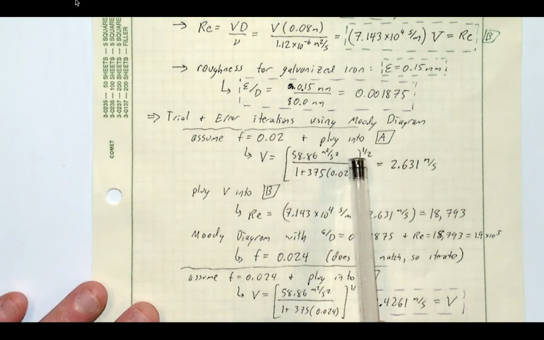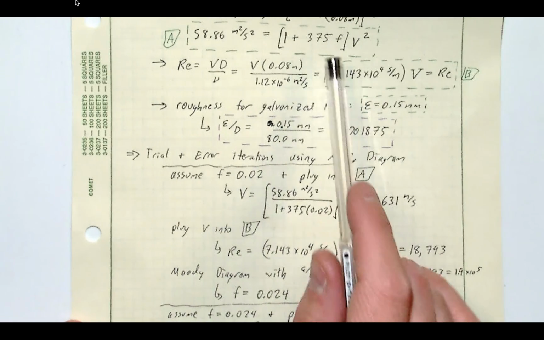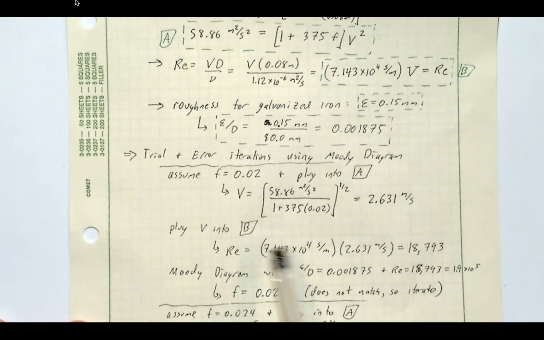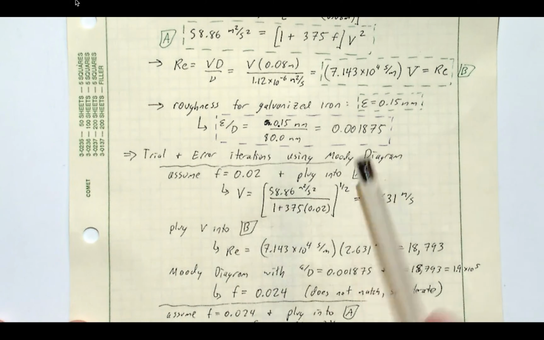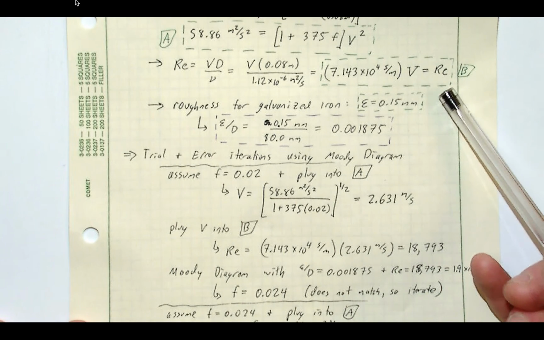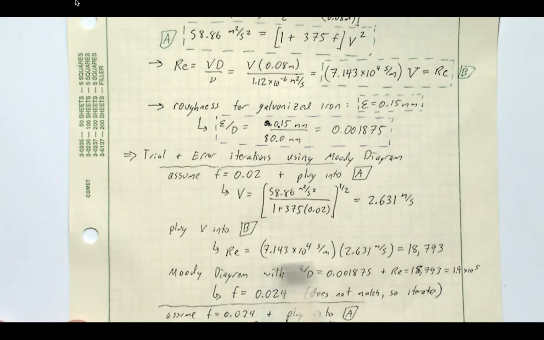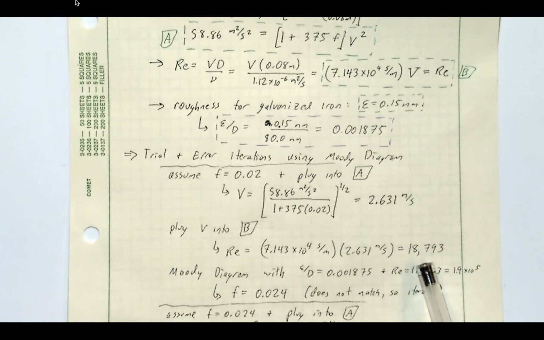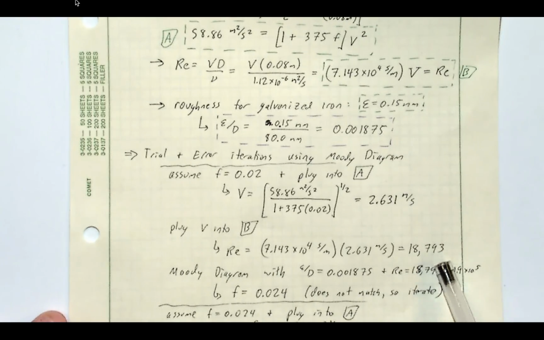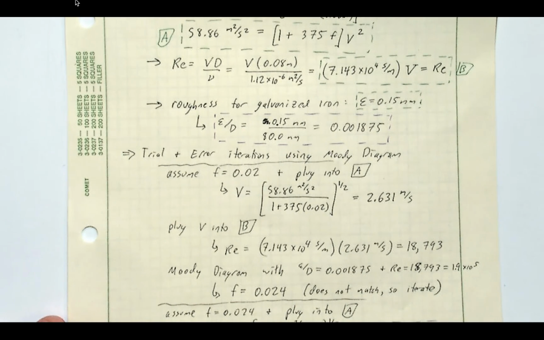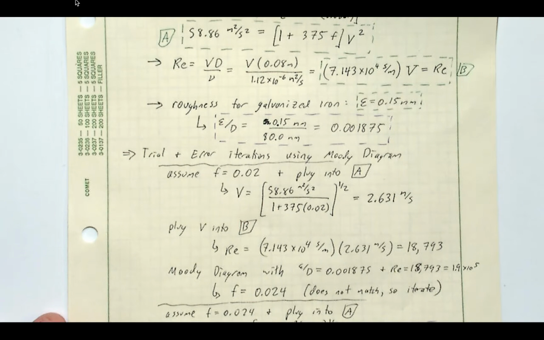We can then plug this 0.02 into the A relationship to see what velocity it would be associated with. Solving for velocity, we get 2.6 meters per second. We can then plug this velocity into B to determine what the Reynolds number would be for this friction factor, which would be about 18.8 thousand Reynolds number, or about 1.9 times 10 to the 5.